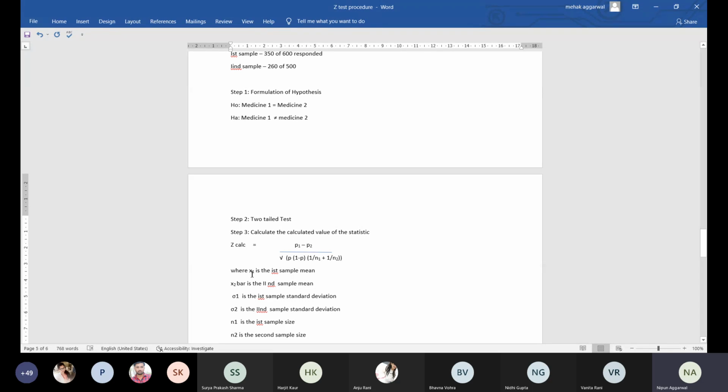Where P1 is the first sample proportion, P2 is the second sample proportion.